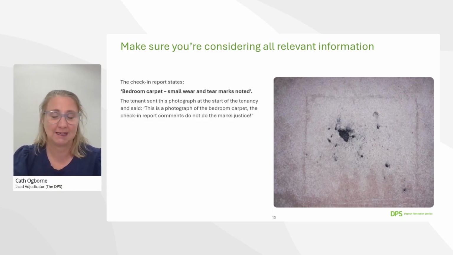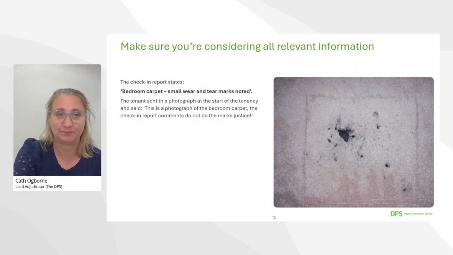This is quite bad staining. So the first instinct there would be to make a claim that the tenant is in breach because they've damaged the carpet. But if we looked a little bit deeper and looked at all of that information, we would know in our records that actually no, this stain was already there because the tenant reported this to us.